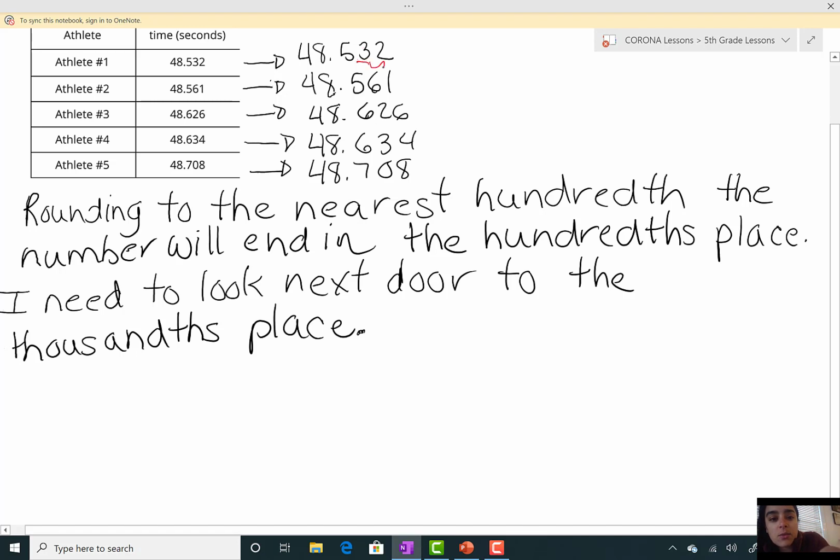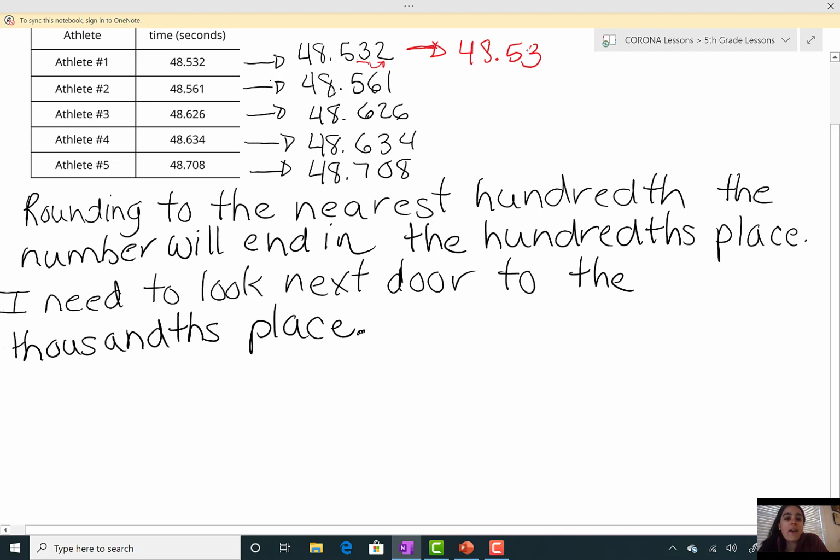And I'm looking next door to the thousandths place and I see it's a 2. So athlete 1's time in this swimming race will round to 48 and 53 hundredths. Okay?